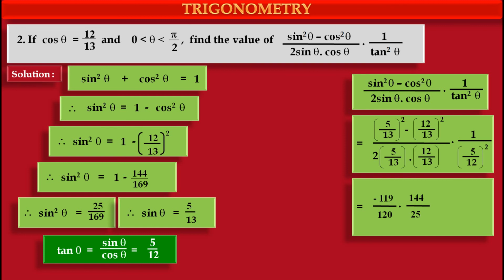Means the first factor is minus 119 upon 120 into the second factor 144 upon 25. In our SSC textbook, the answer is given as it is, so no need to solve it. If you want to solve, multiply the terms, you will get the answer.